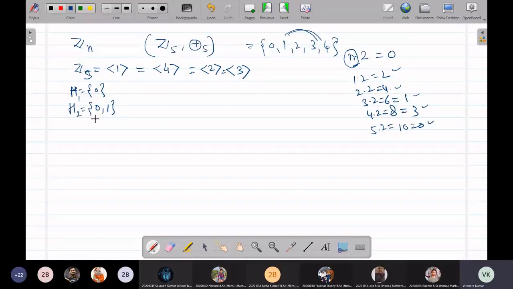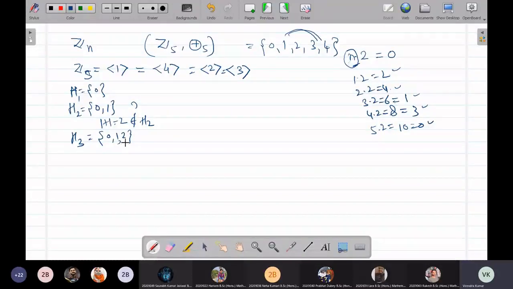Is it a subgroup of this? This is the question. No, because if we add 1 plus 1, this is 2, and 2 doesn't belong to it. What about taking 0, 1, 2? Is it going to be a subgroup?